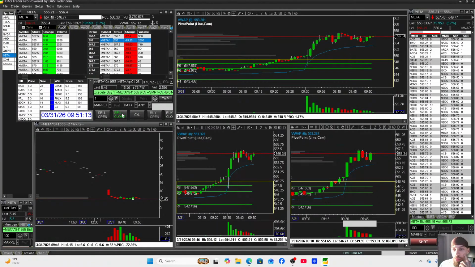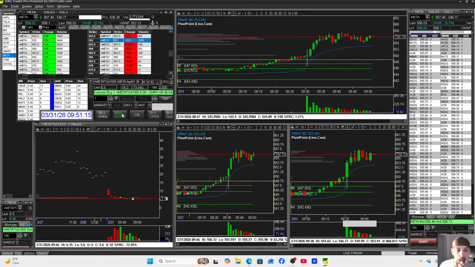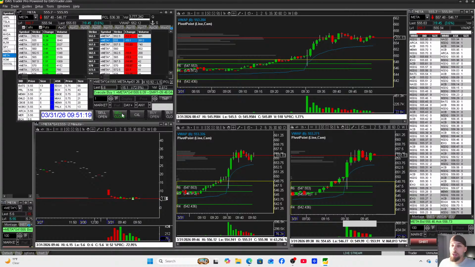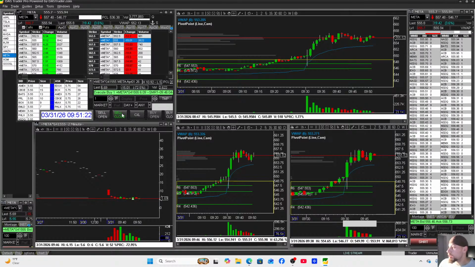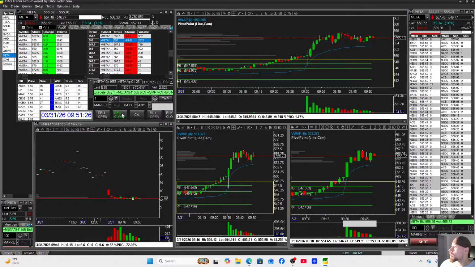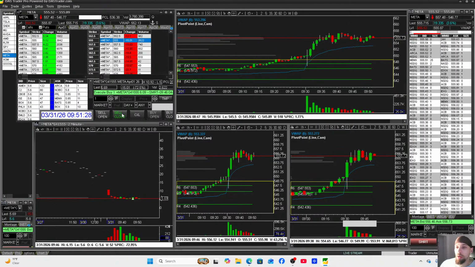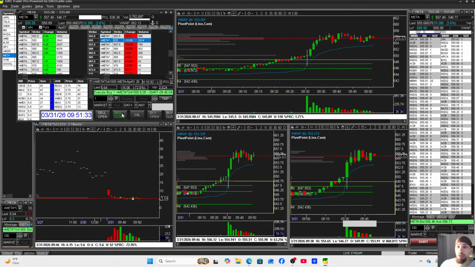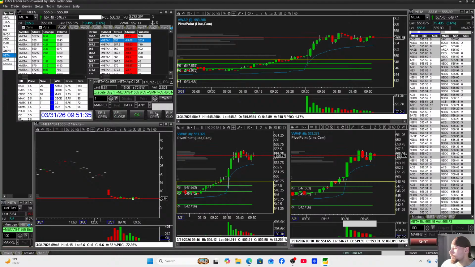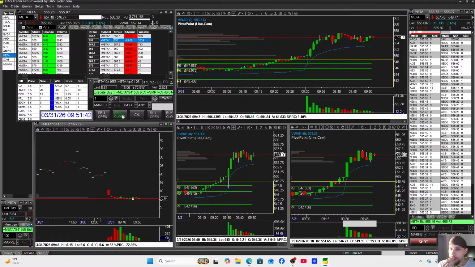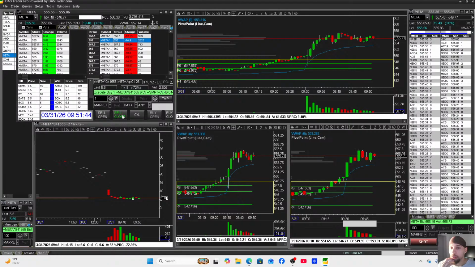Looks like we're going to get squeezed out here. Q's have moved up nicely. Google reclaimed that R6. We're still in our trade, looking for the move down here.